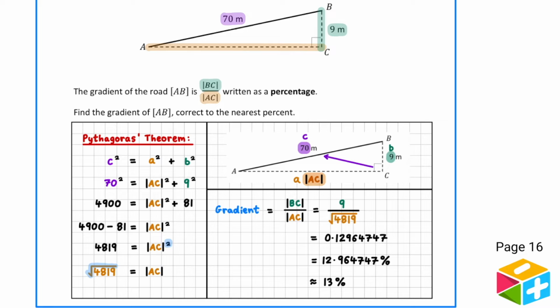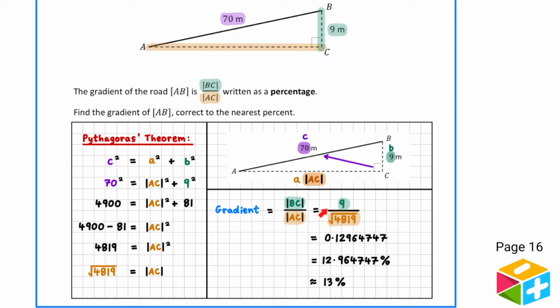This tells us that the length of AC is equal to the root of 4819. We now know everything we need to calculate the gradient. By definition, the gradient is the length of BC over the length of AC. The length of BC is 9, and the length of AC is the root of 4819.